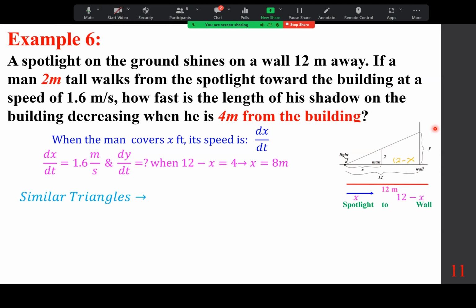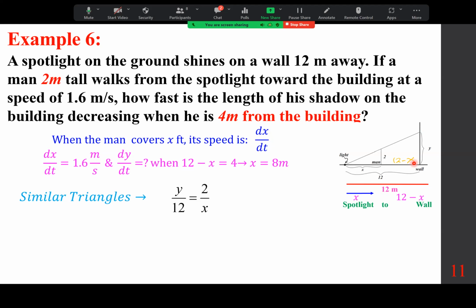So if I am comparing the two triangles, one way to write it, the ratio of y to 12 is the ratio of 2 to x. This is the easiest way to involve both of them.